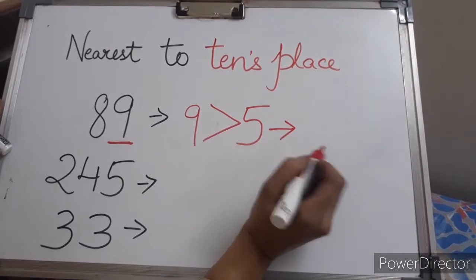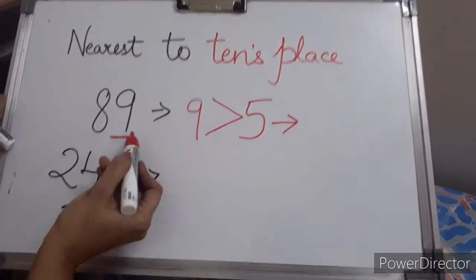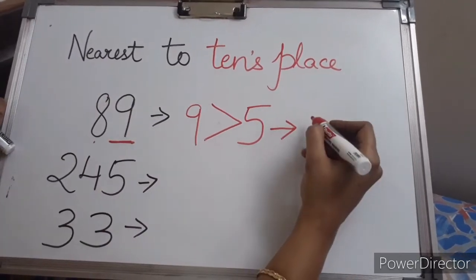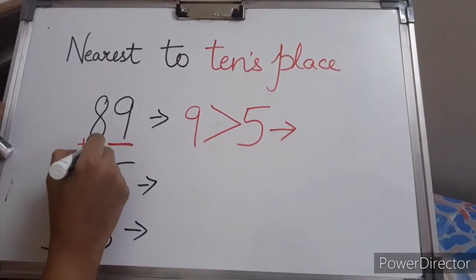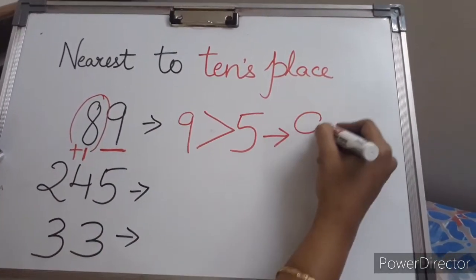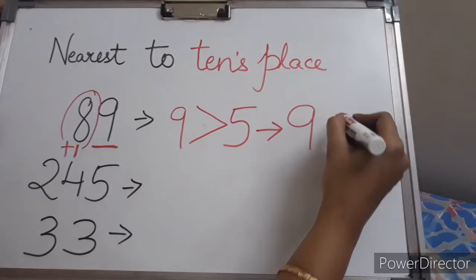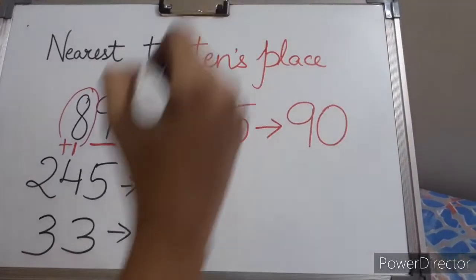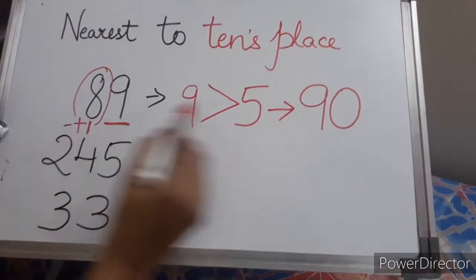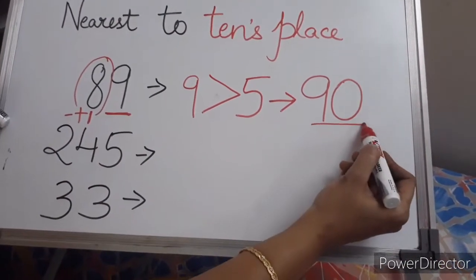So we have to add 1 to the nearer digit, that is 8. When we add 1 to this digit, 8 plus 1 is 9, and this is 0. So the nearest tens place value for 89 will be 90.